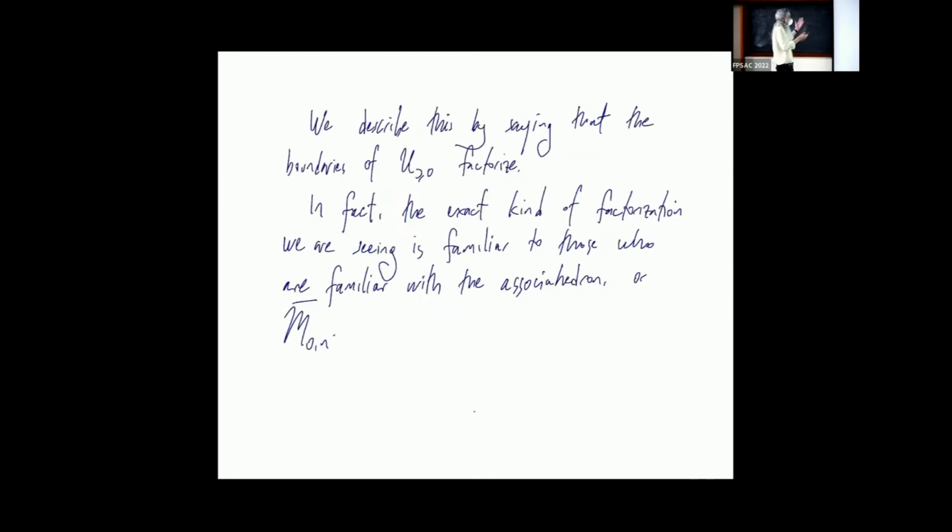And so we say the boundaries of the totally non-negative part factorize. And in fact, this exact kind of factorization is familiar if you've ever looked at associahedra or M0n bar, you've seen exactly this kind of factorization before.